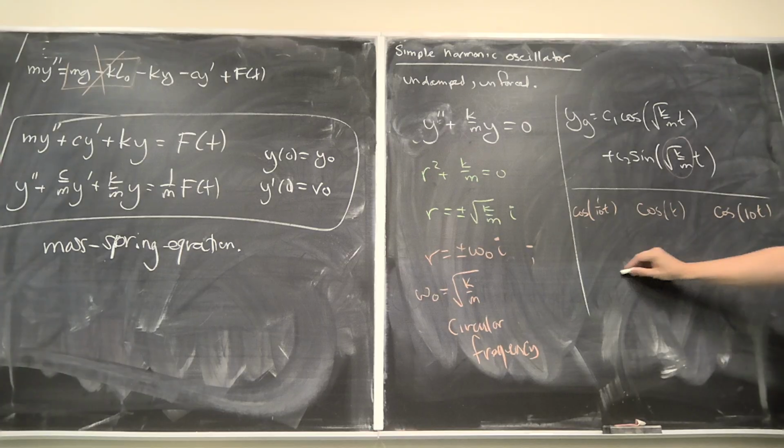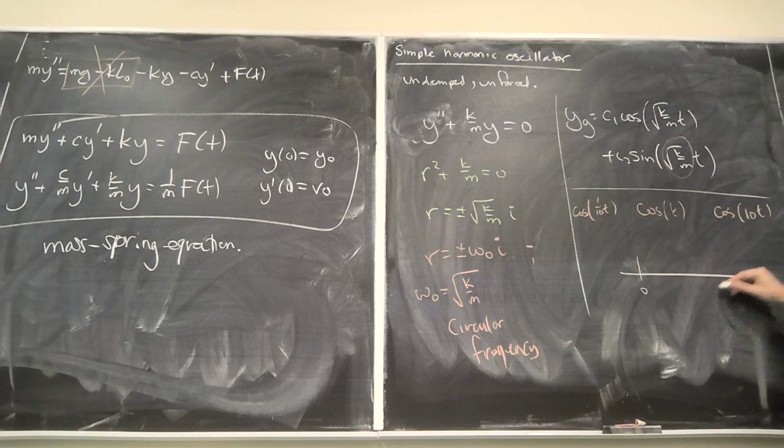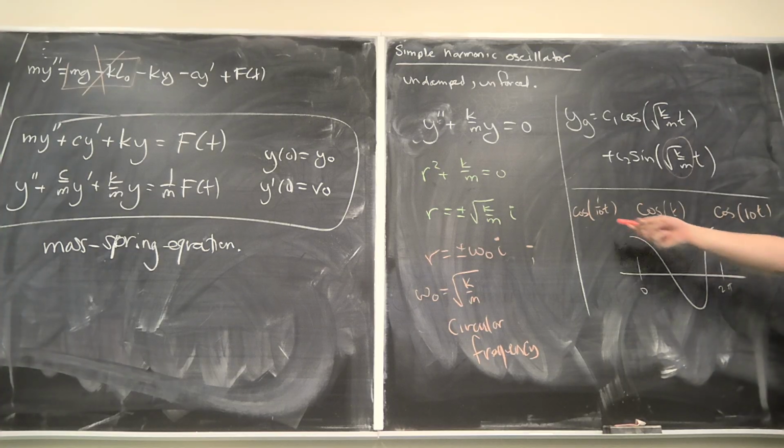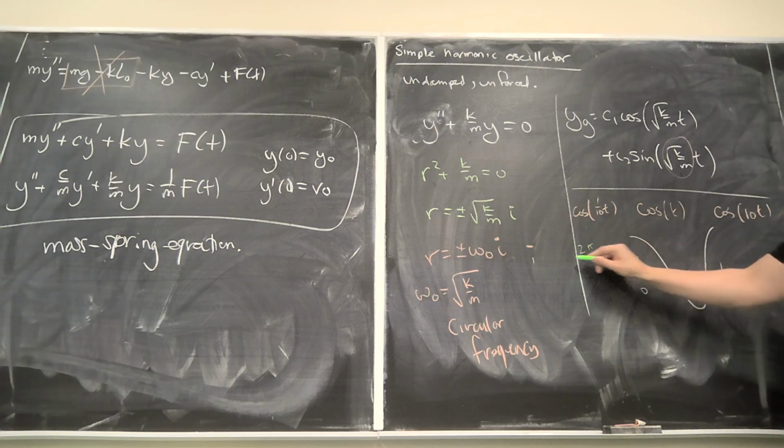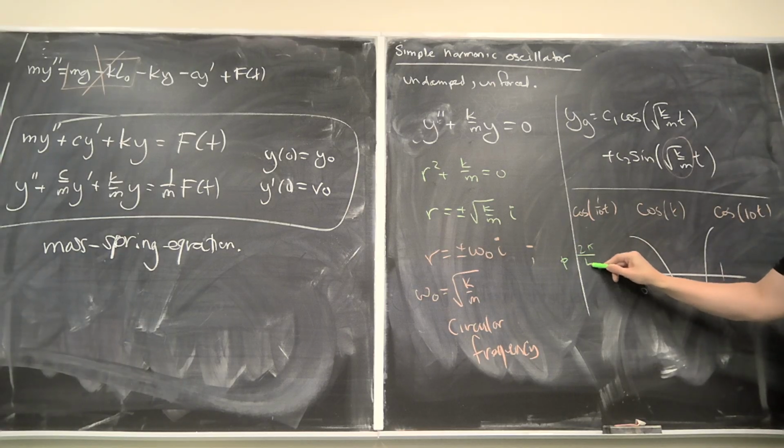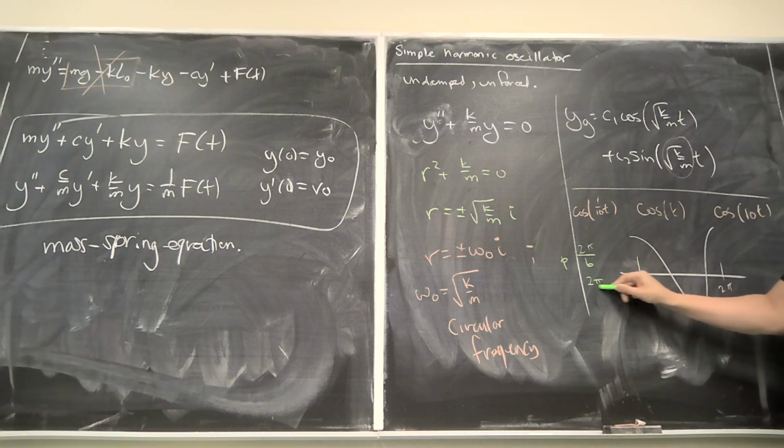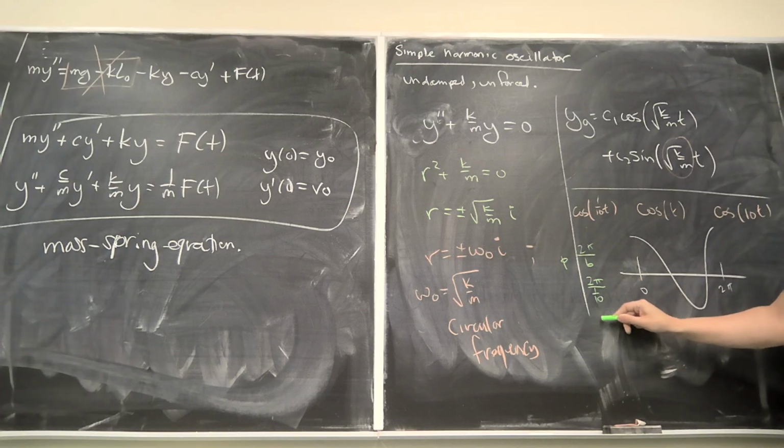Well, the cosine of t in the period from 0 to 2 pi looks something like this. And the cosine of 1 over 10 t, what is the period of that? How do I find a period? 2 pi over b, which in this case is 2 pi over 1 over 10, which is 20 pi.